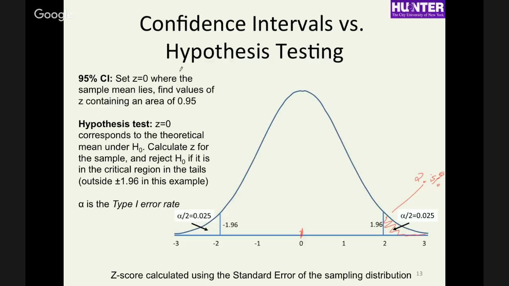In the hypothesis test, z equals 0 corresponds to the theoretical mean under the null hypothesis, and then we'll calculate z for our sample. And if that value of z falls somewhere outside in these tails, then we'll reject our null hypothesis.